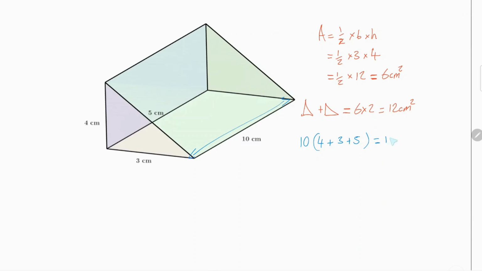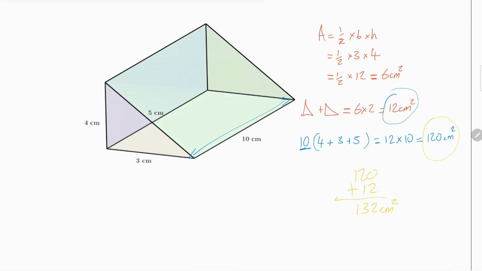So that's 12. 12 times 10, because we're multiplying this number by the number in the bracket. 12 times 10 is 120 centimeters squared. So if we add the area of the triangles and the area of the rectangles together, we end up with 120 plus 12, which is 132 centimeters squared.